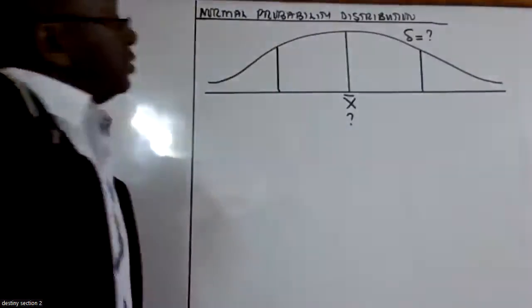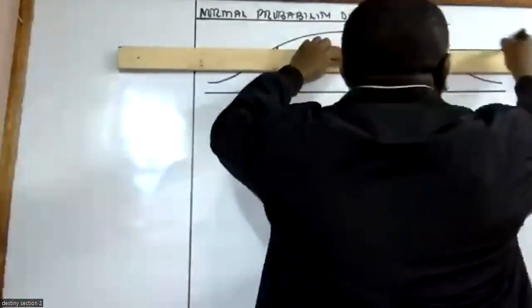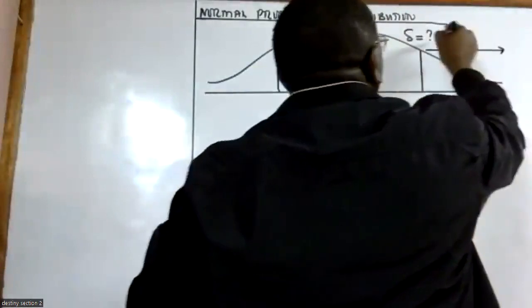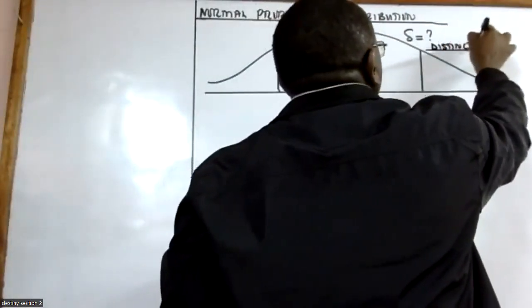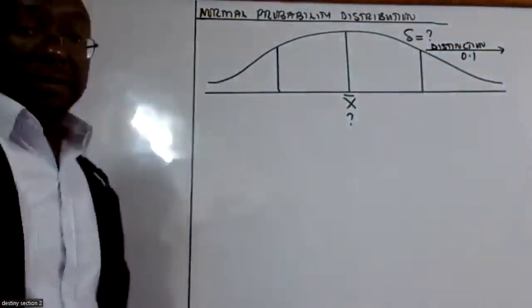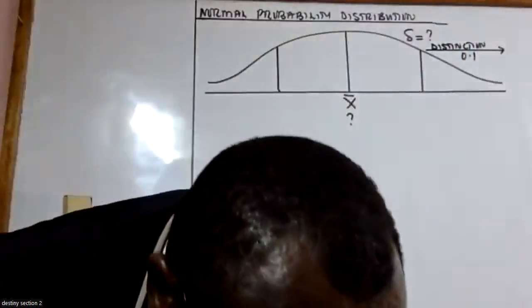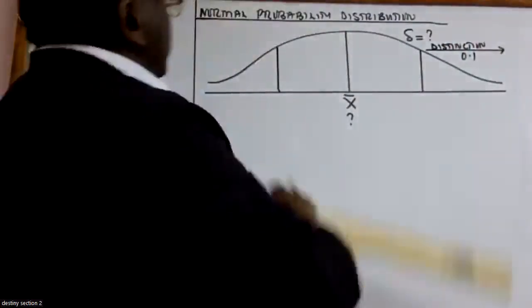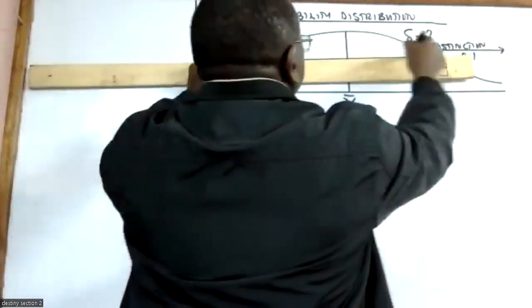We have those who got distinction. They are 10%. So this is distinction, and distinction is 0.1, 10%. Then there are those who got credit.